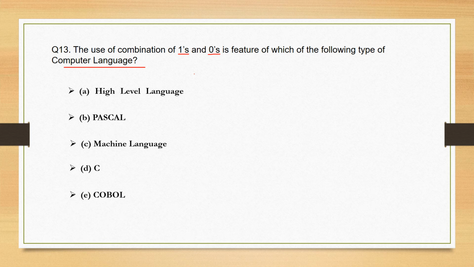Pascal, C and COBOL are programming languages, and high level languages are those that can be understood by applications. But a machine understands machine language. The electrical signals are converted into these binary 0 and 1.